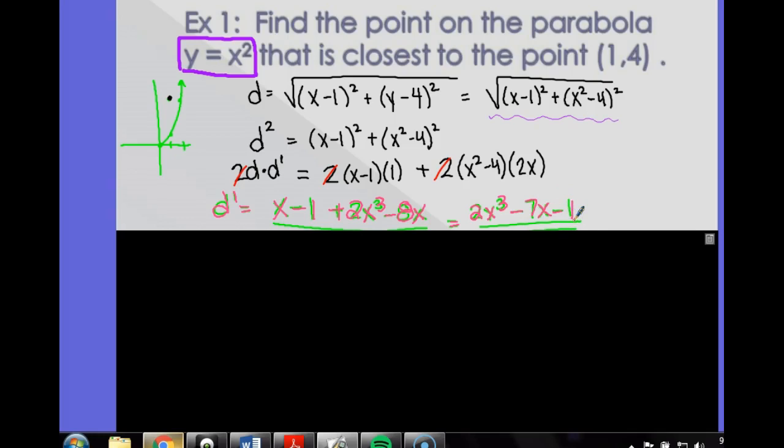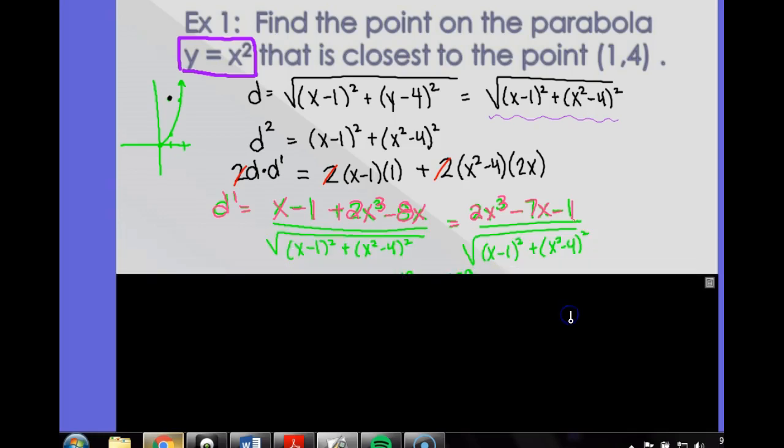Cubic. Yep. So we don't really have a good formula for cubic. And then technically all of this is over, because this was d times d prime, the original distance formula still.